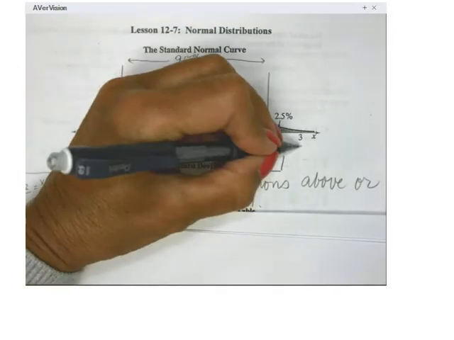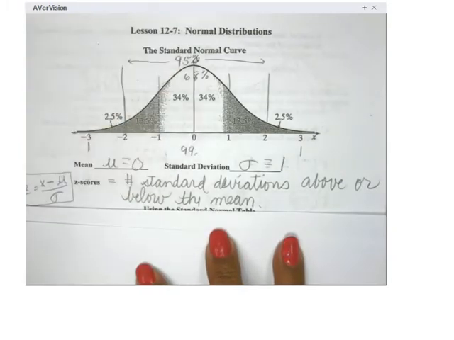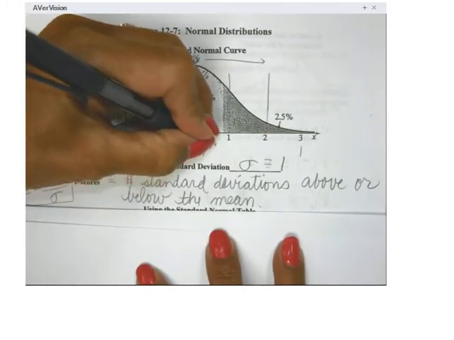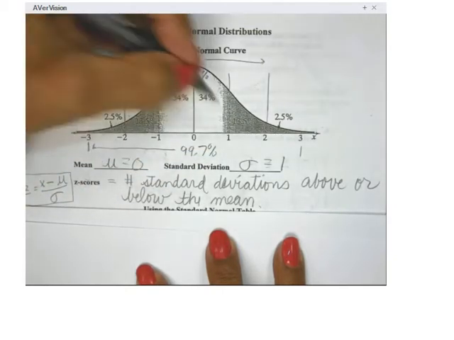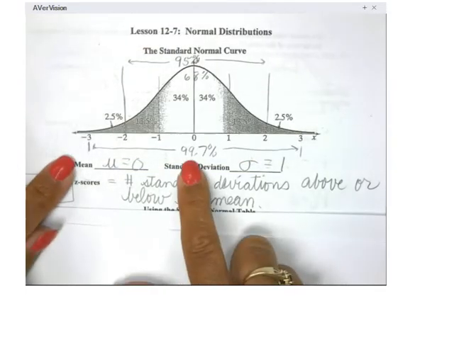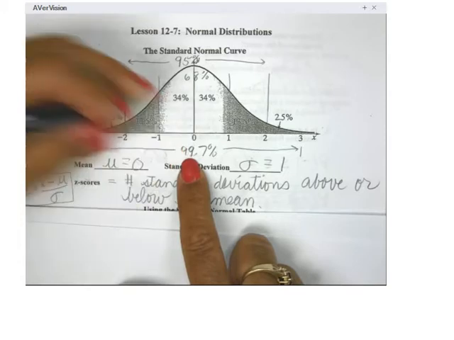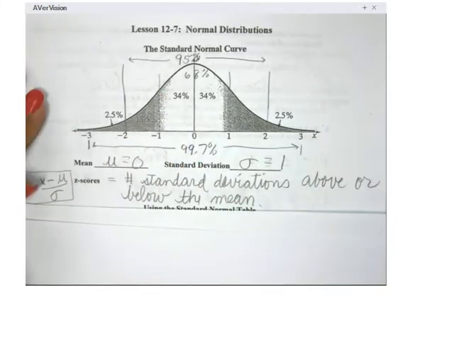And if we go out to negative 3 to 3, about 99.7% of our scores in a standard normal distribution will be between negative 3 and 3. So as I said before, it is possible to get a value that is lower than negative 3 or higher than 3. It's just very, very unlikely.